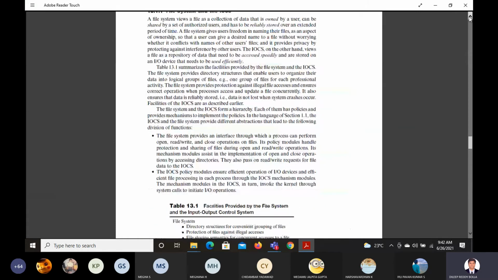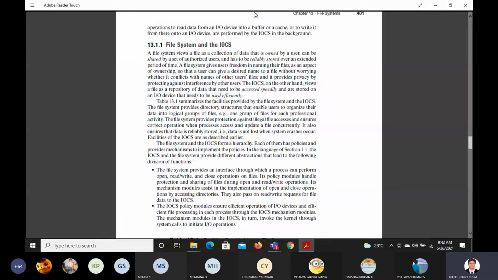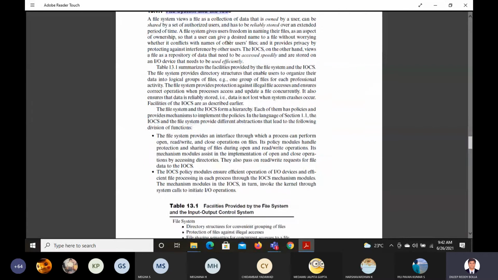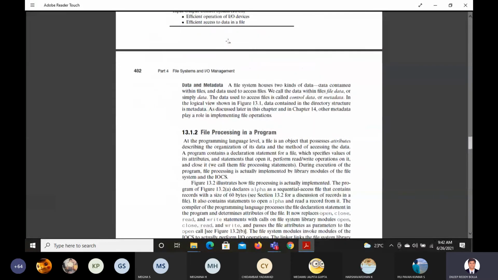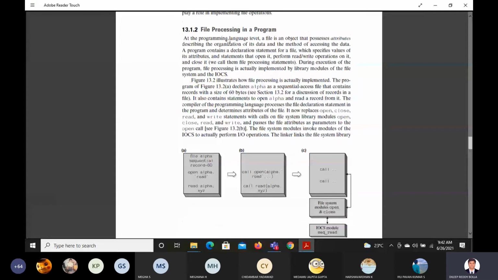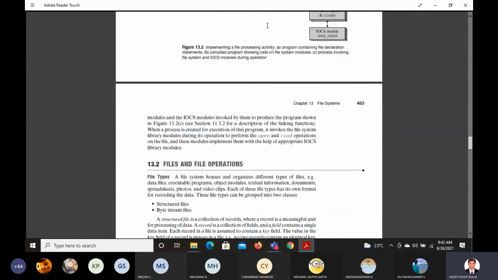This is the main concept, file system and IOCS. You can use the above diagram for reference, explain the functionalities using a table, and also use file processing in a program. That's the first concept. We have two diagrams and one table for the explanation part.